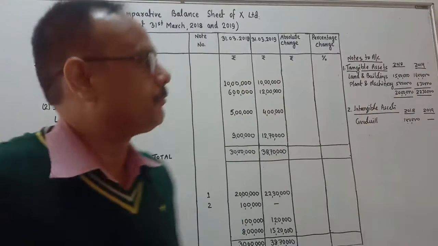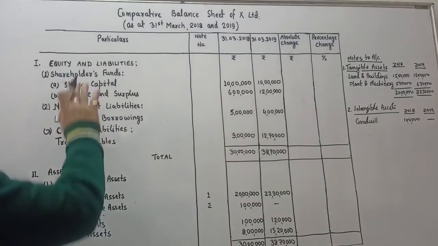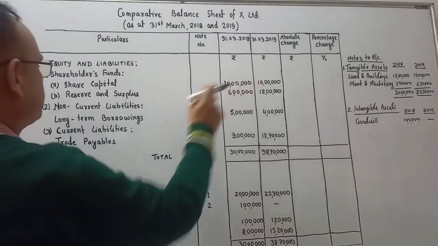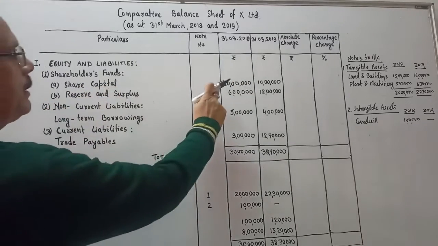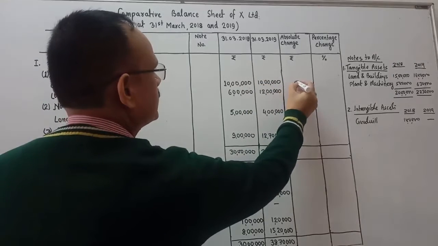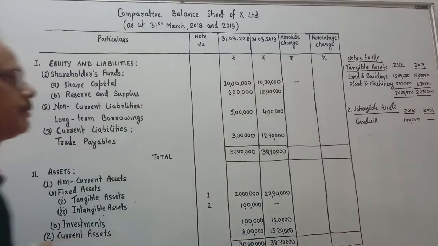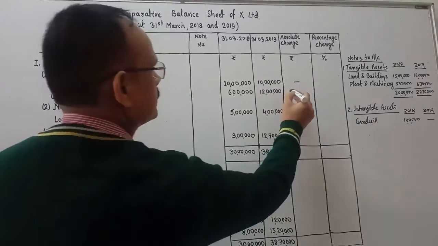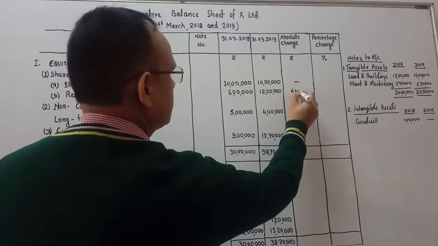The next is to find out the change in absolute figure. Share capital, last year it is 10 lakh and this year is also 10 lakh, so there is no change. Reserve and surplus 6 lakhs and 12 lakhs, it is increased by 6 lakhs.